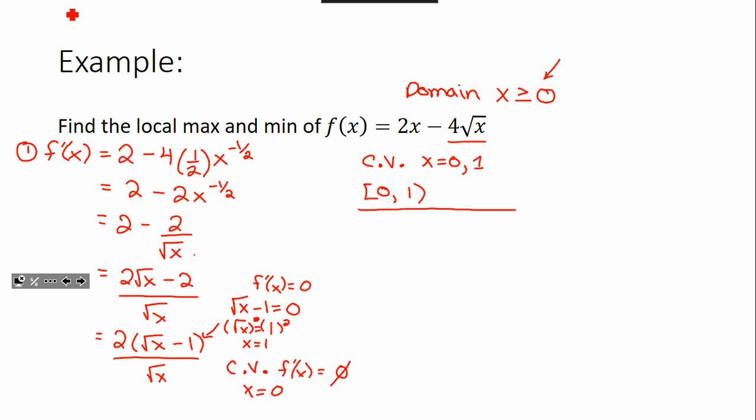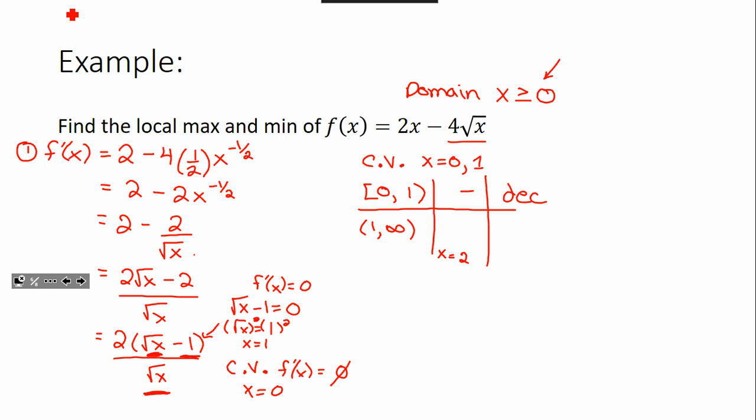And then I know I can go from 1 to infinity. So I just have two of these. Again, I'm going to take a number from 0 to 1. Let's say I pick 0.5. 0.5 here in the denominator is a positive. 0.5 here just gets smaller. Minus my 1, it's going to be a negative value. So it's decreasing. I pick a number greater than 1. Let's say I pick 2.